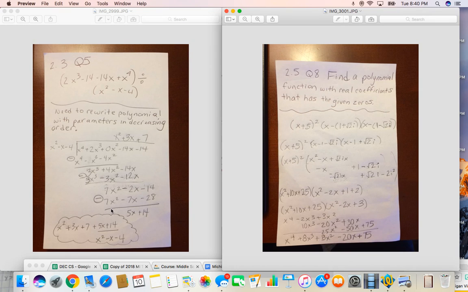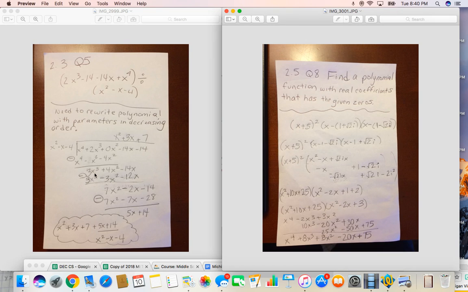7 times x squared gives me 7x squared. 7 times minus x gives me minus 7x. 7 times minus 4 gives me minus 28. Subtract. This drops out. Negative 2 minus a negative 7 is a plus 7, gives me a positive 5x. Minus 14 minus a negative 28 gives me a plus 14.